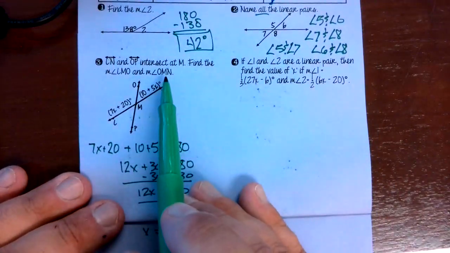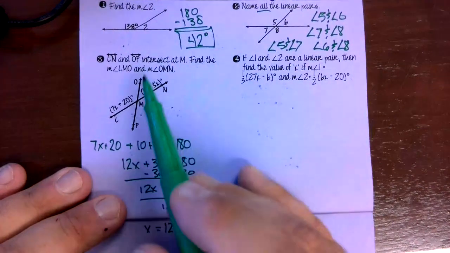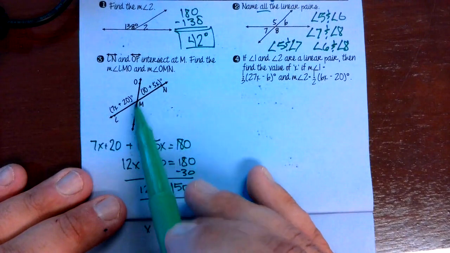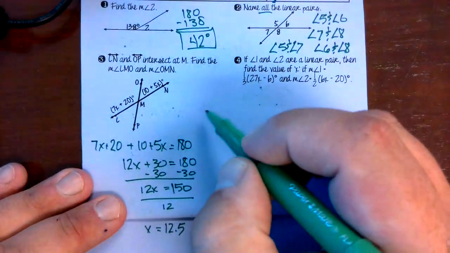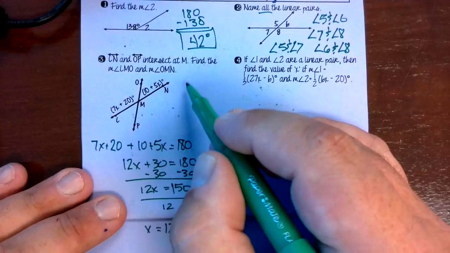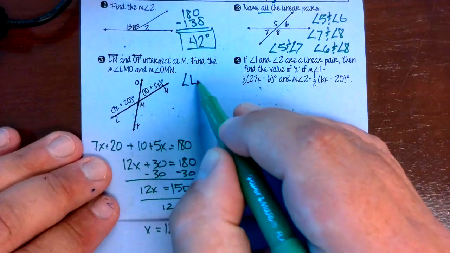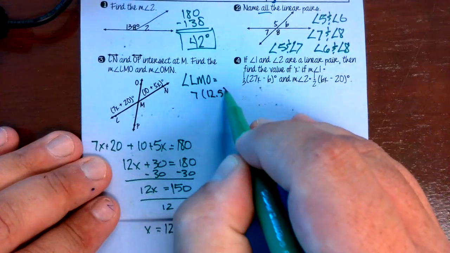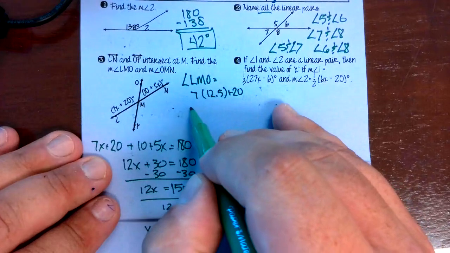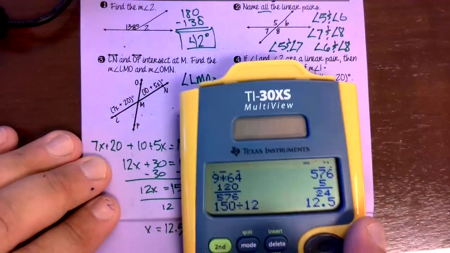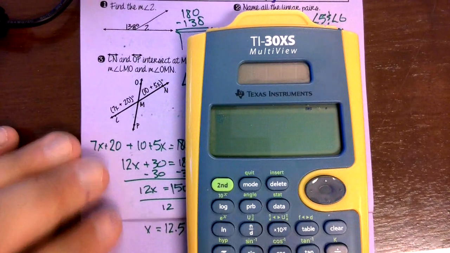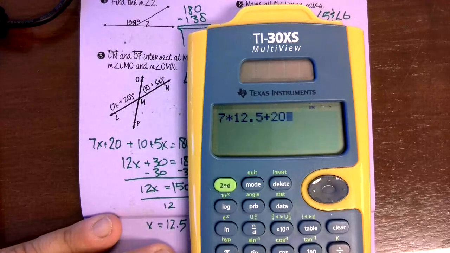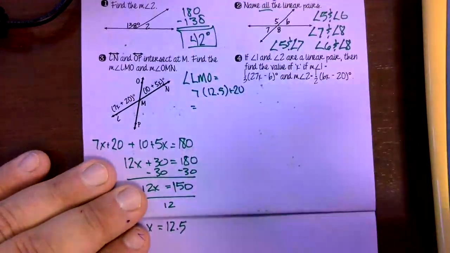Now that's not the only thing it's asking us to do up here. It's asking us to find the measures of these angles, LMO and OMN. So I have to take that 12.5 and plug it in. Seven times 12 and a half plus 20 gives me 107.5.